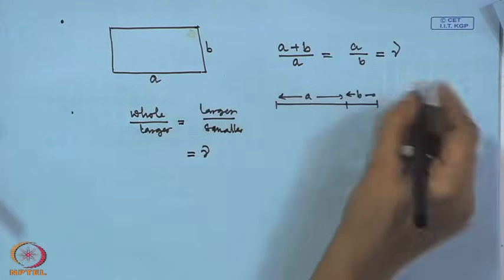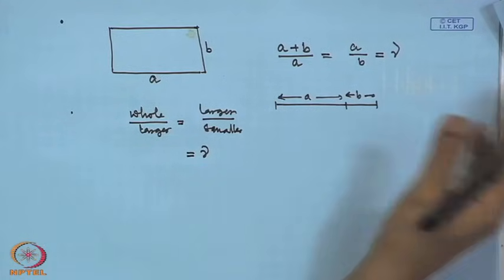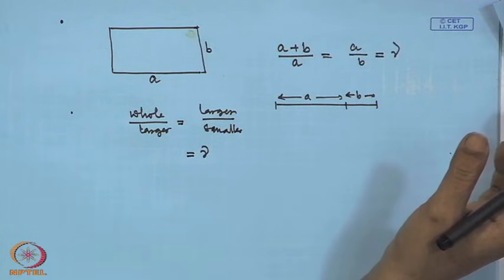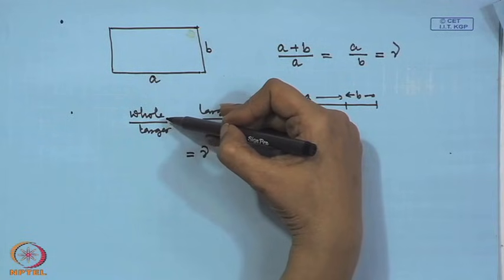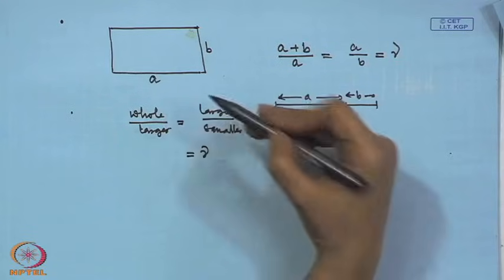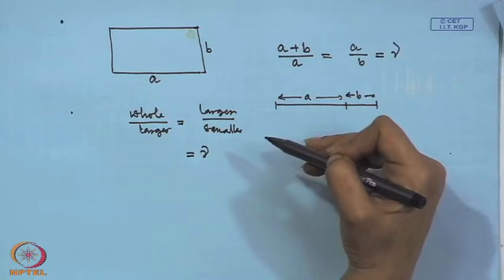And this golden ratio has some significance, and in other cases also we will see it in natural objects. People are using the golden ratio for selection of the size of a postcard, the size of a widescreen TV, and they are considering the sides of the object in such a way that the ratio of the whole, that is the smaller plus larger to the larger, is equal to larger by smaller, then it will have a pleasant nice look.